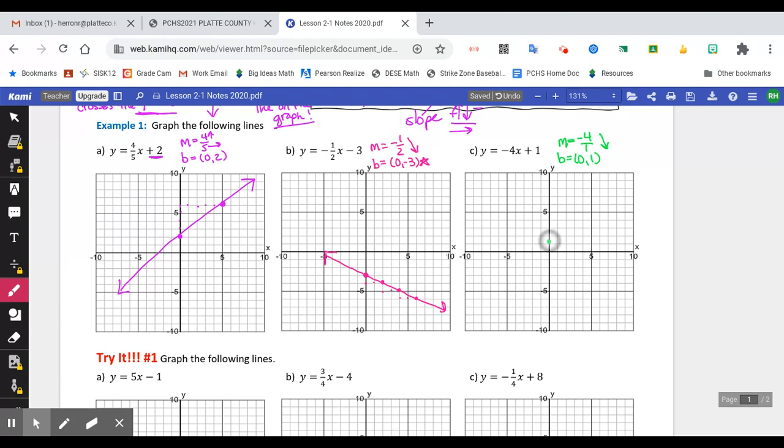So I'm going to go up 1 and put a point. Then slope is negative 4, so down 4. 1, 2, 3, 4, and right 1, because our whole numbers are always over 1. And I'm going to draw my line in, with arrows on both ends, okay?